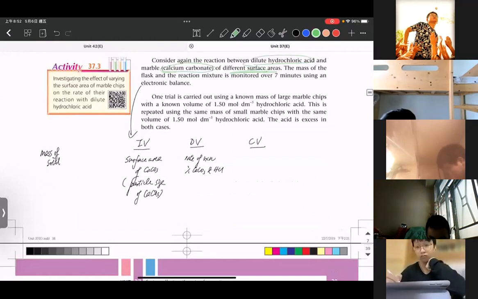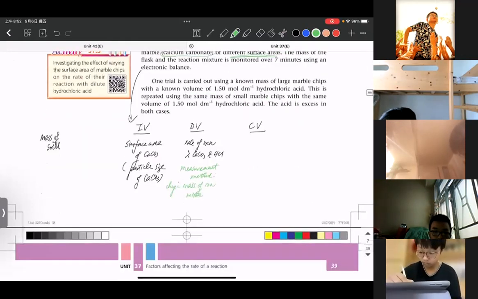So this is our measurement method. The mass of reaction mixture. So you are going to measure the change in mass using electronic balance. Do you understand?